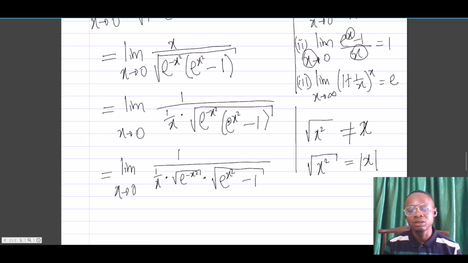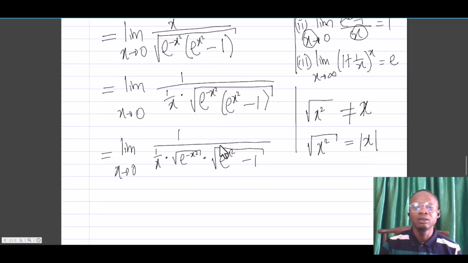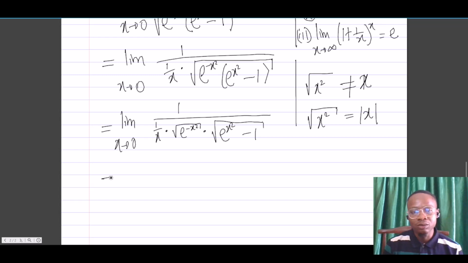So just separating these two portions out.